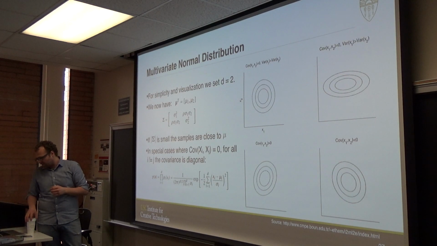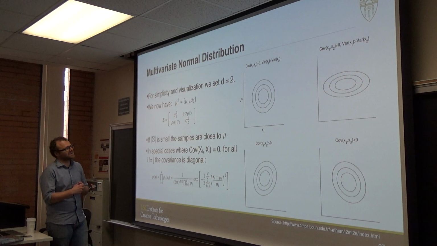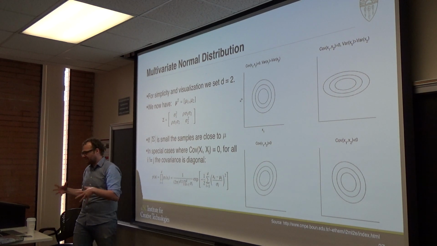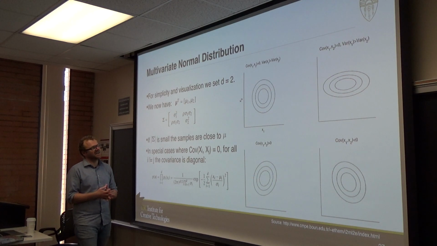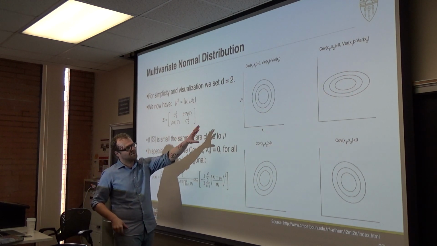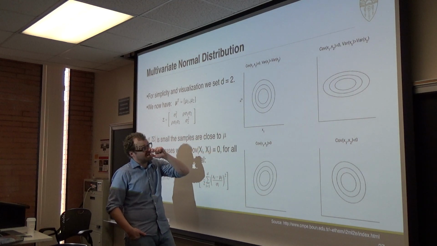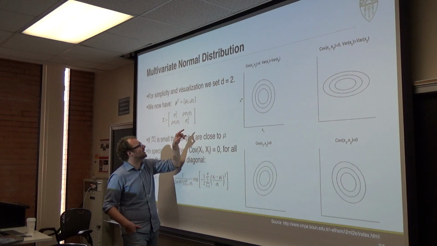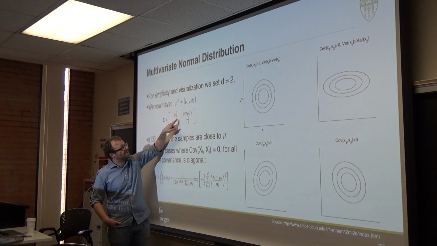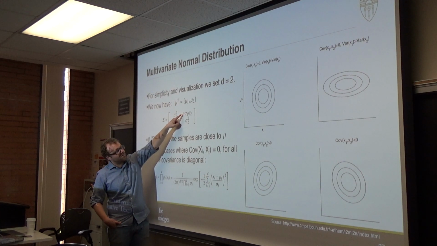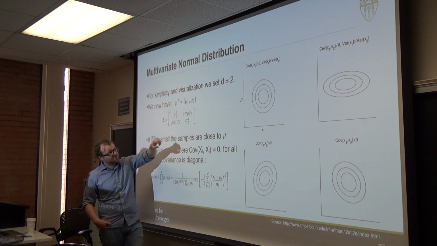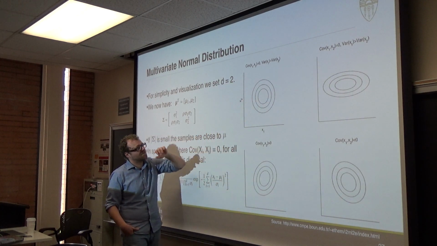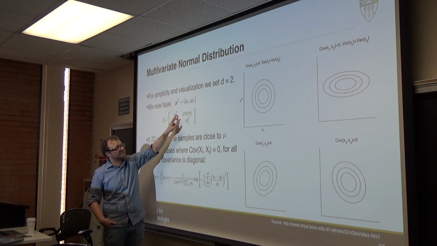Most of the time it's too difficult to compute the full covariance matrix, and sometimes we don't even have enough data to do so. So I have this slide here where we discuss what happens if we set the covariances, which are these two guys here, to 0, and if we set the variances equal.